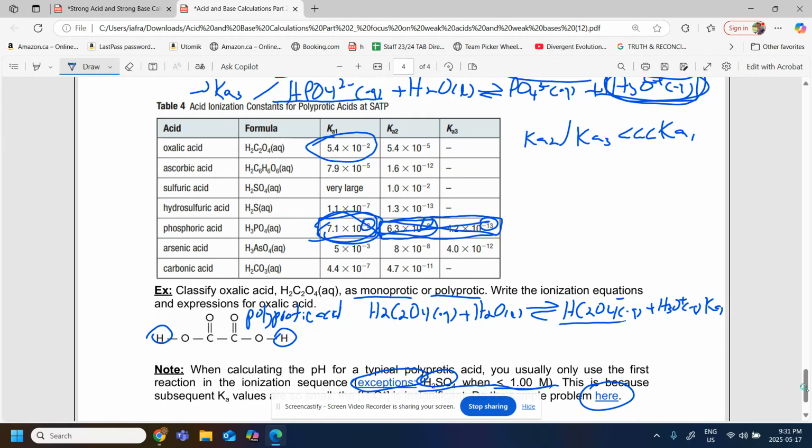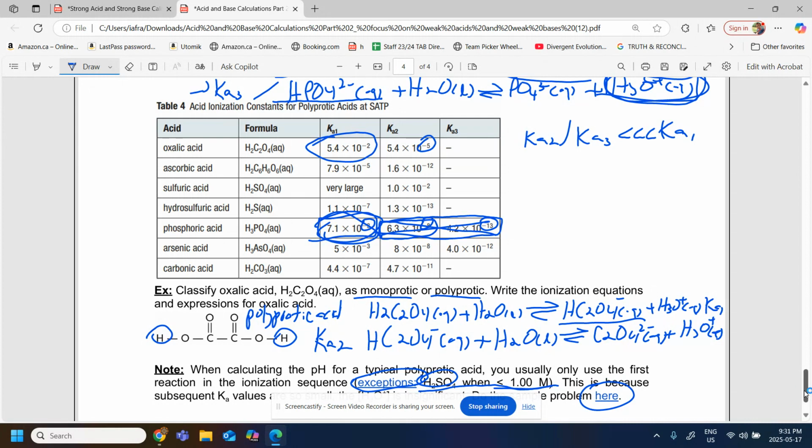But then this one here could ionize as well, so you'd have HC2O4 minus (aq) plus H2O (liquid), reversible reaction, C2O4 2 minus (aq) plus H3O plus (aq). This will correspond to Ka2, which is smaller than Ka1, so you wouldn't really use it in your calculation to figure out the concentration of H3O plus.